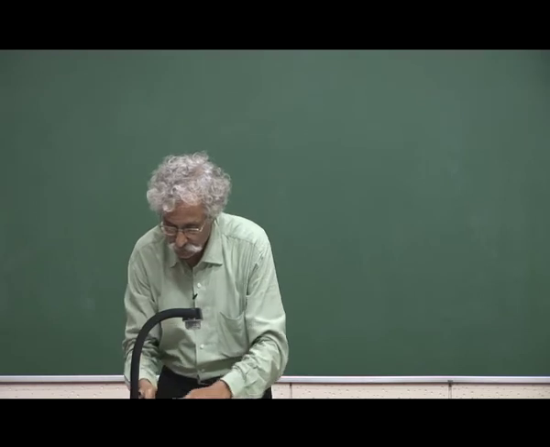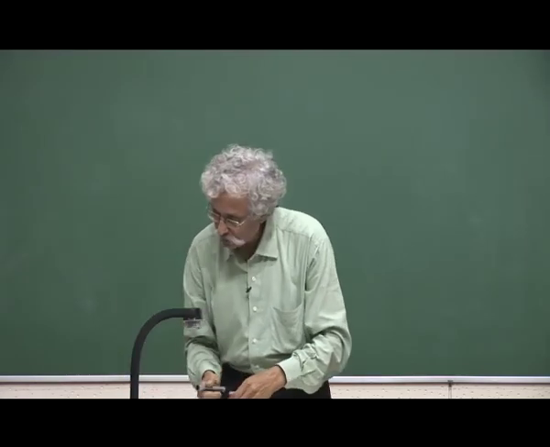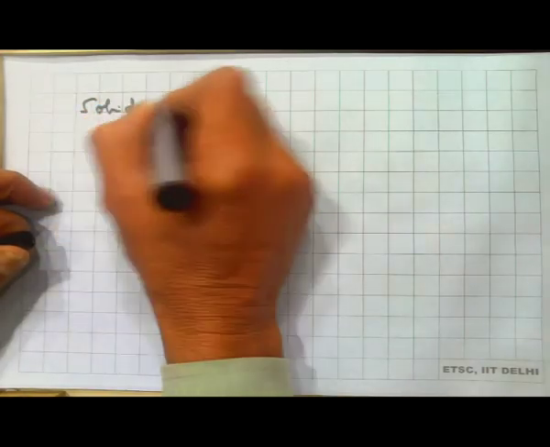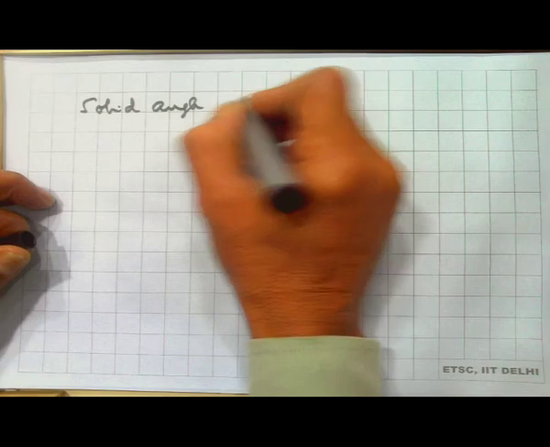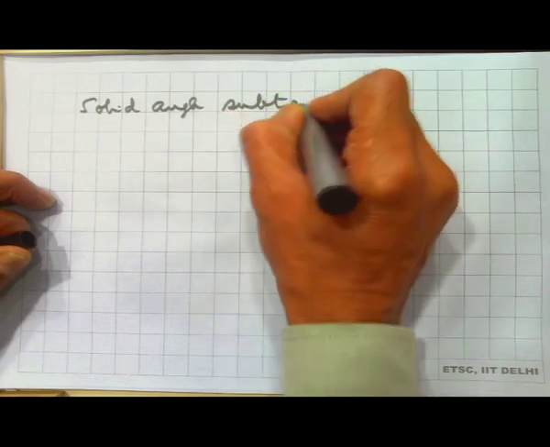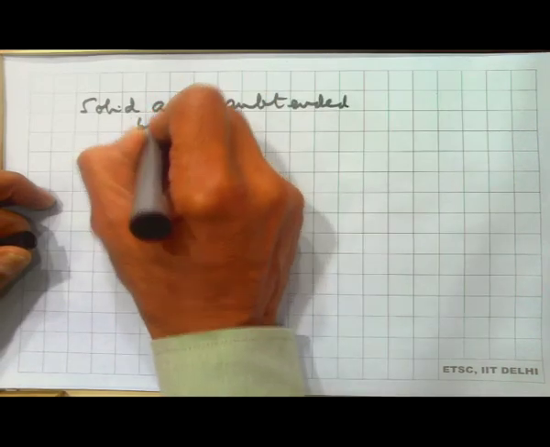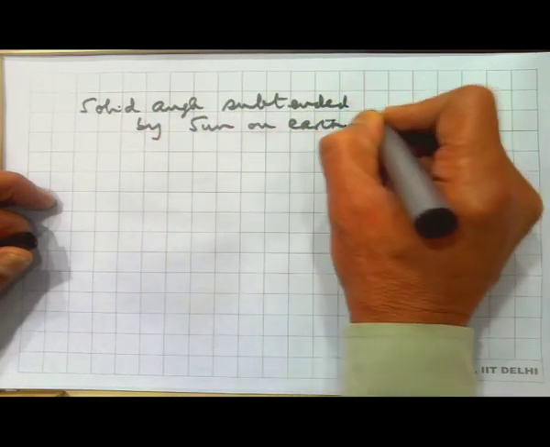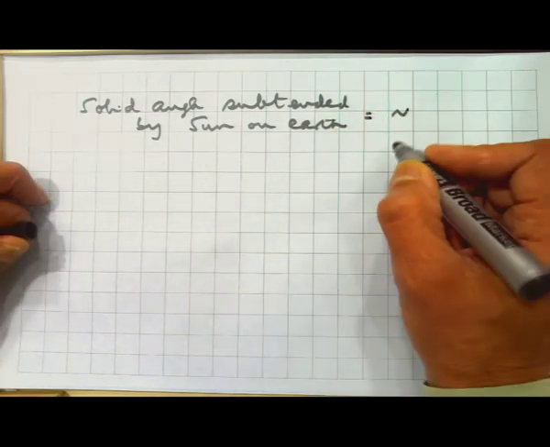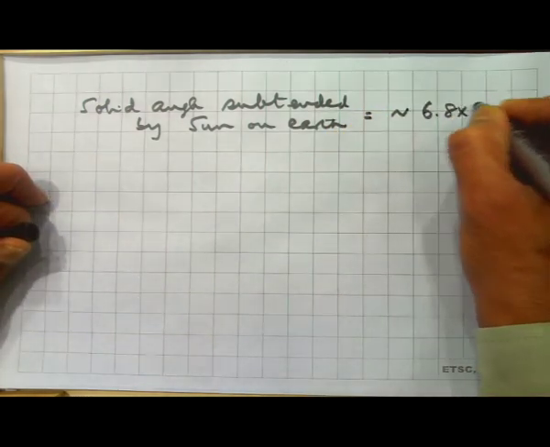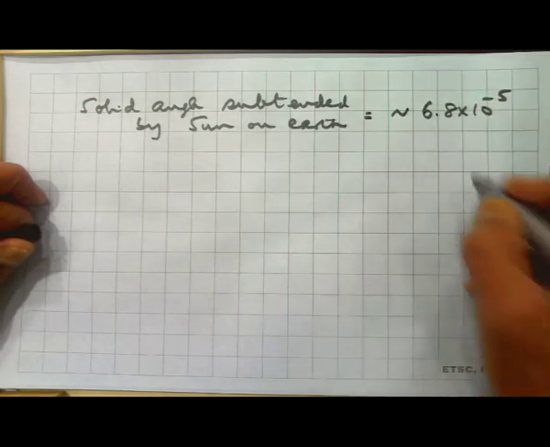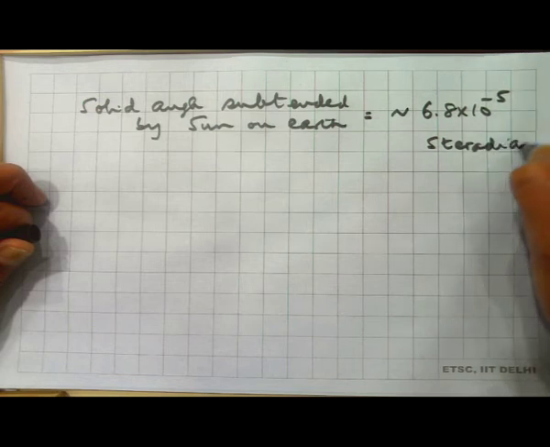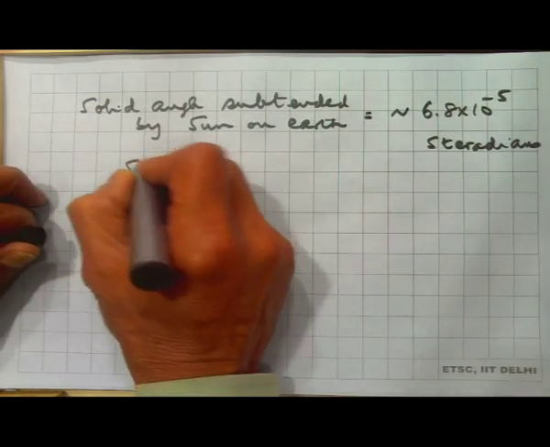So, for example, the solid angle subtended by the sun on earth is approximately 6.8 into 10 to the minus 5, and there is a unit called steradians. It is a unit of solid angle.